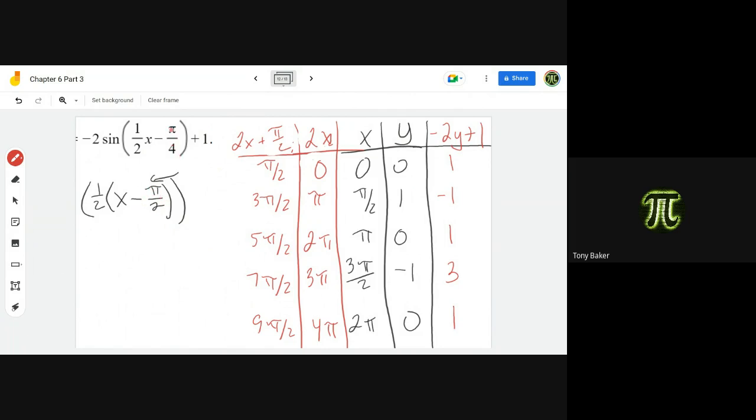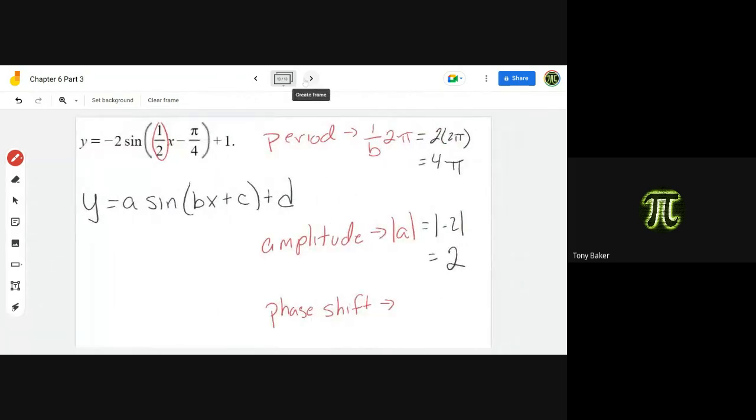Which basically ends up coming out to be C divided by B. So it's always C divided by B. So in this case, it's pi over 4 divided by 1/2, which is pi over 2.